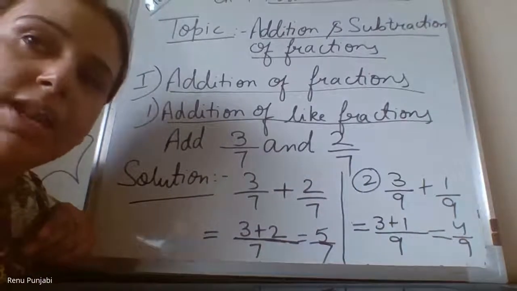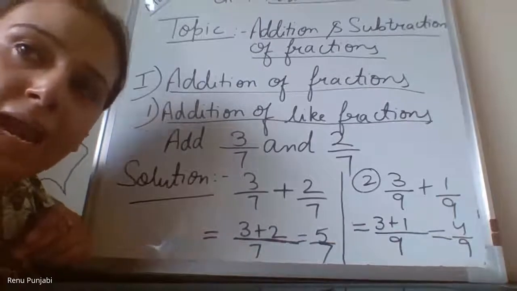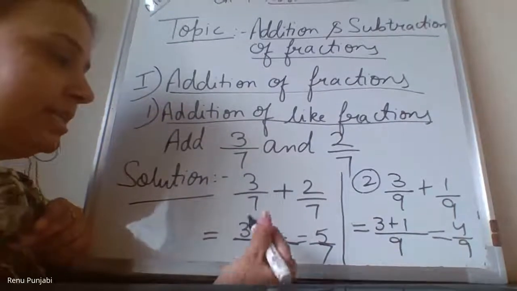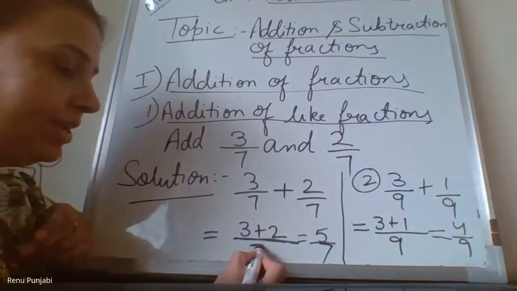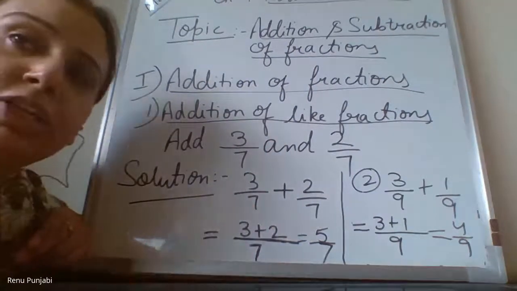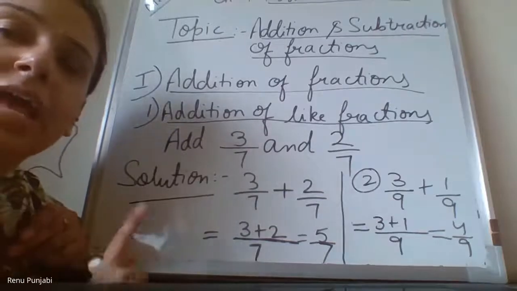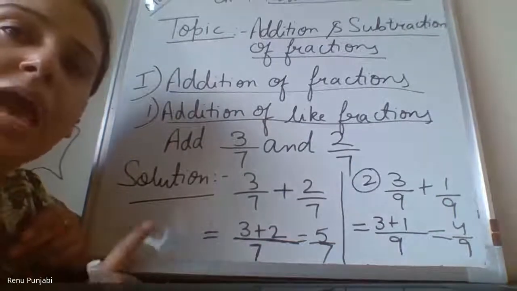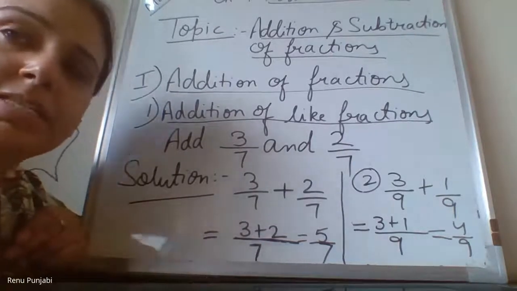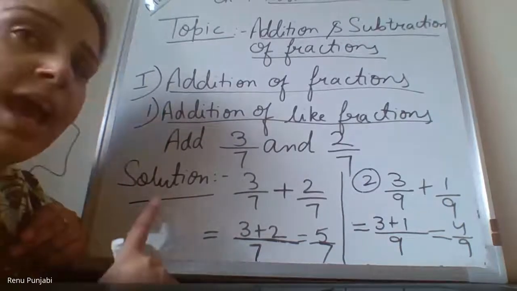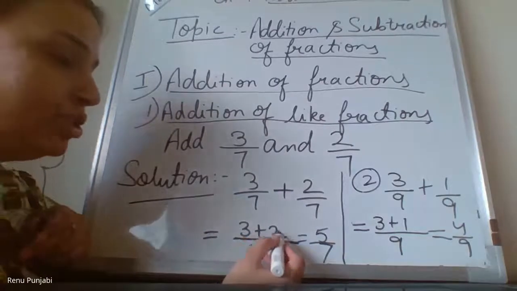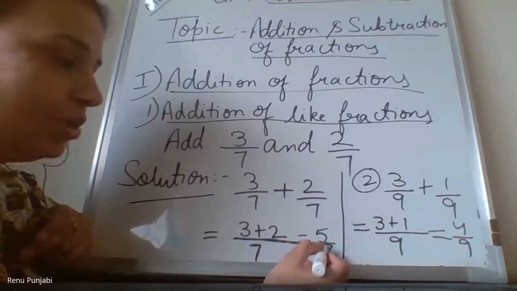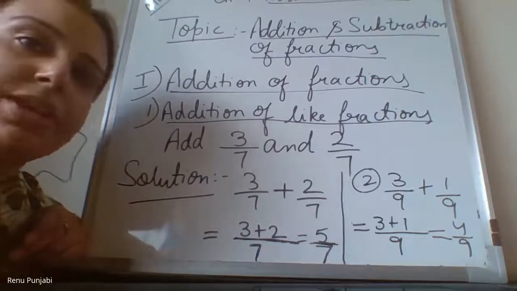So when we have like fractions and we want to add them, just take the common denominator once, like 7 we have taken, and add the numerators. When you have a common denominator, then you only have to add the numerators. So 3 plus 2 is 5, and take the common denominator, which is 7.